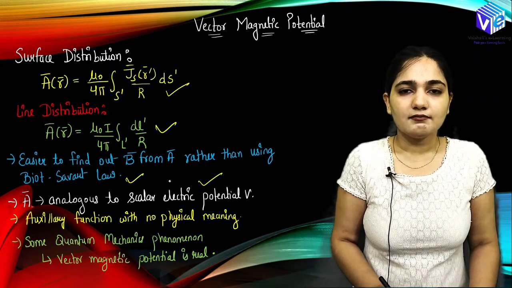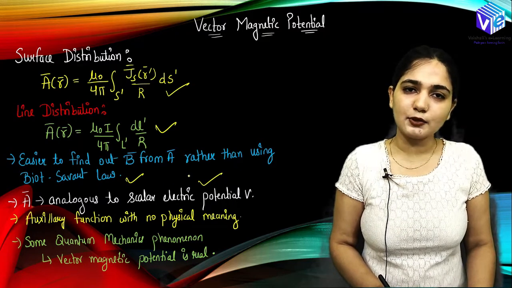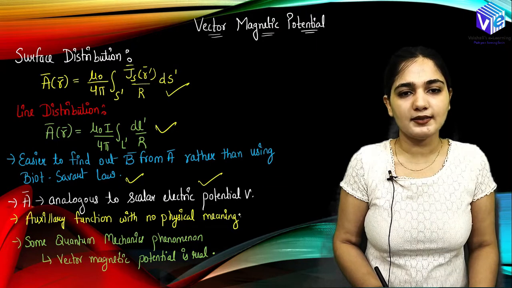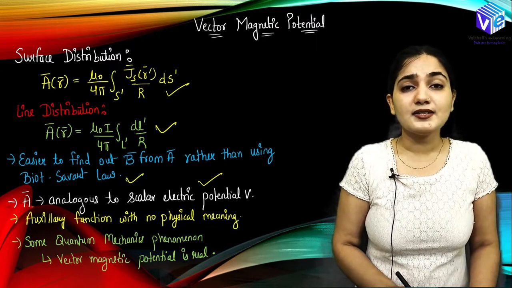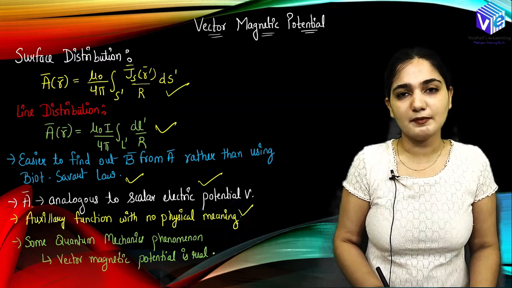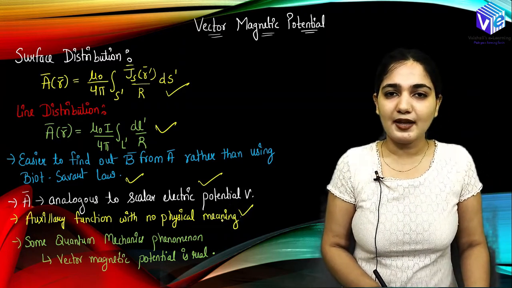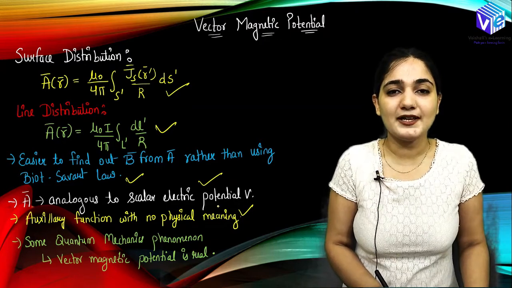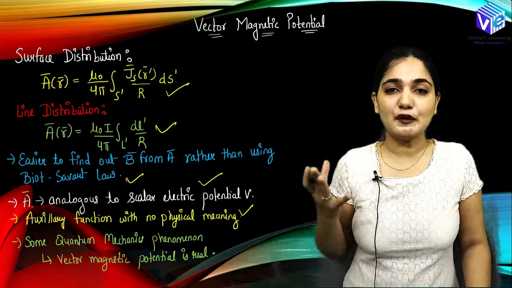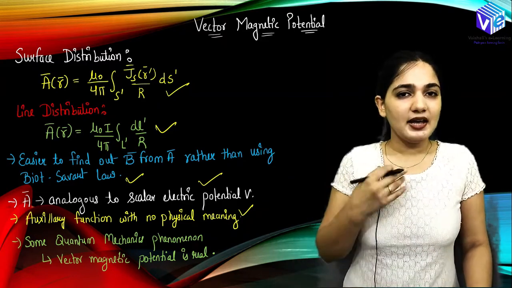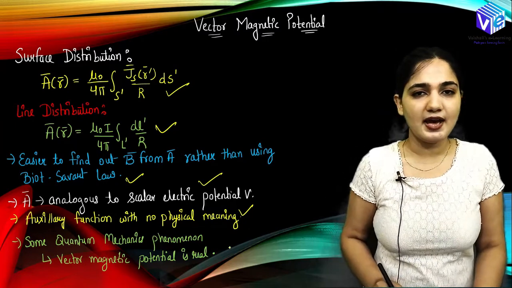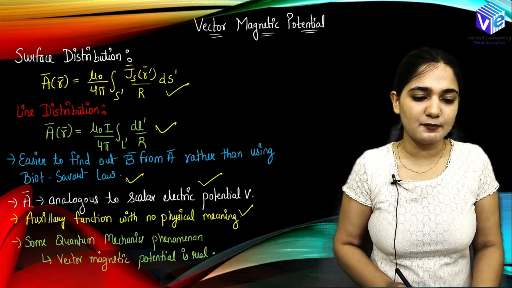Now A is analogous to the scalar electric potential. In magnetostatics, we have a vector quantity which is analogous to the electric potential, which was represented by V in electrostatics. It is represented as an auxiliary function only. It has no physical meaning, so we cannot physically estimate what the vector magnetic potential is. Like we had the calculation of potential from the work done, here, because the work done is already zero in every case, we cannot assign any physical meaning to the vector magnetic potential.